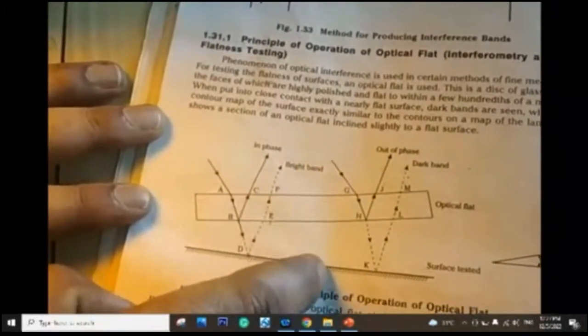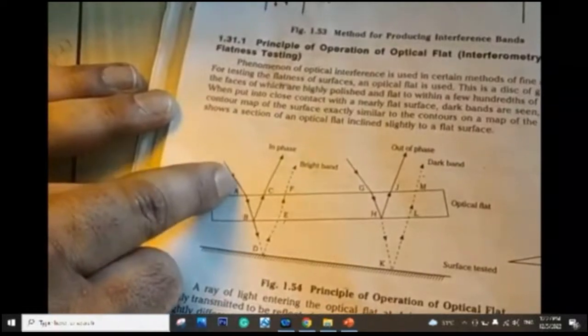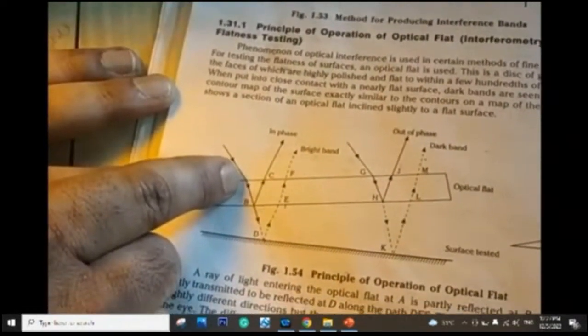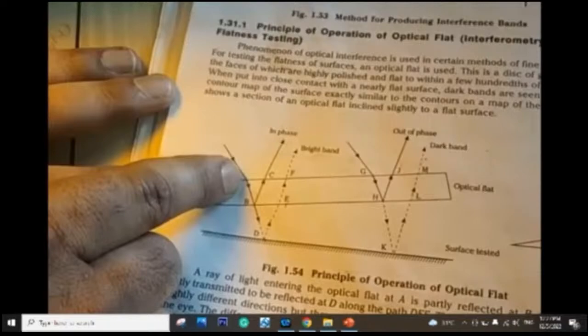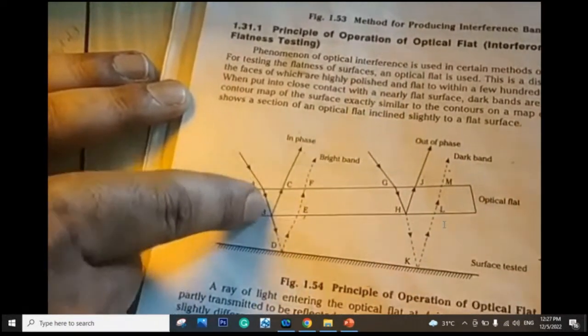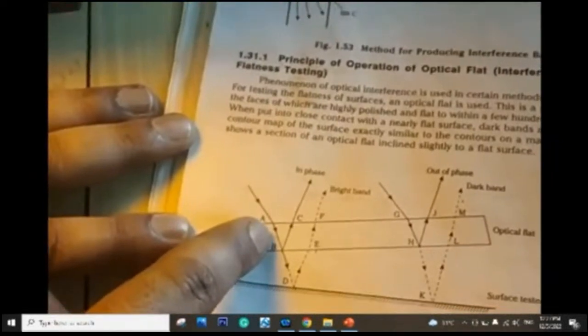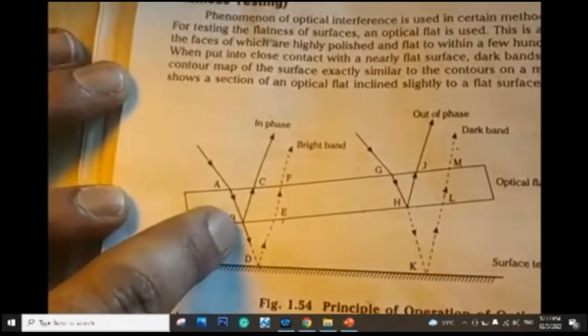Just see here, one ray is entering here at A, and partly it is transmitted through AB. And partly it is reflected back through B, C, and here this will go out of the optical flat. Afterwards, you see the same ray, some part is transmitted from B to D, and again D to E, and again E to F.